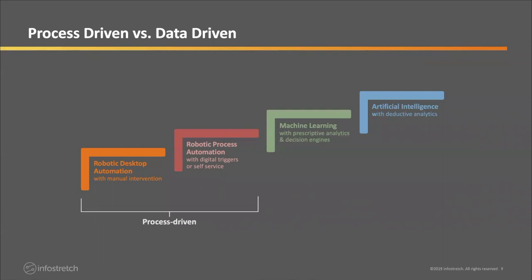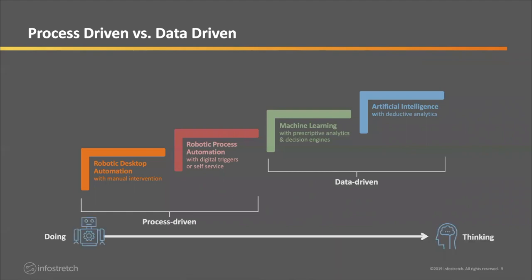If you look at it, the first two are more process driven. They are all about process. They are about automating the process, something that is well defined, which is more deterministic in nature. And then looking at the data-driven approach in machine learning and artificial intelligence, which is more, I would say, non-deterministic behavior. So it's really a migration from doing things to thinking machines, right?